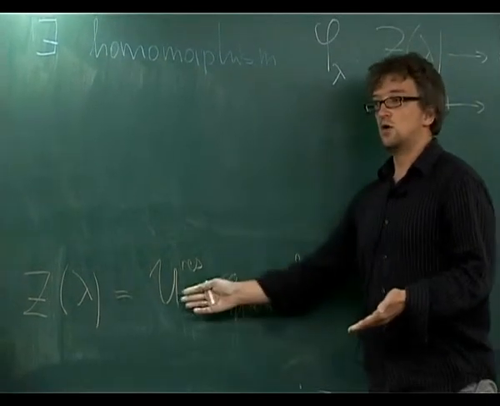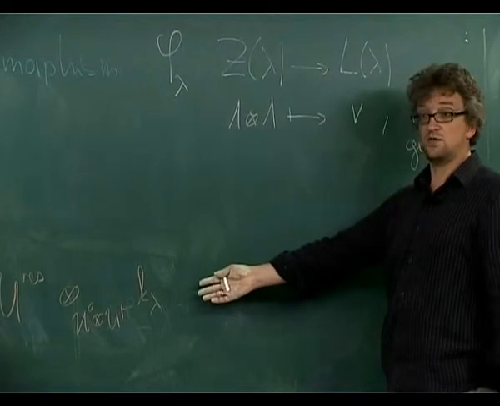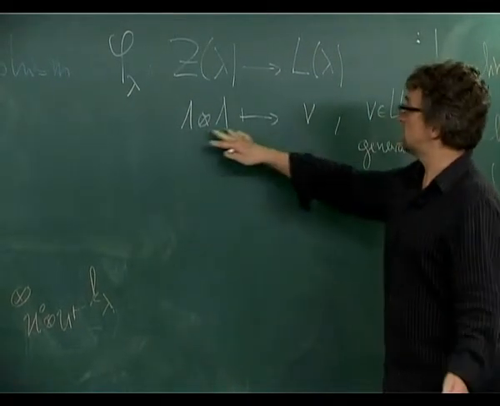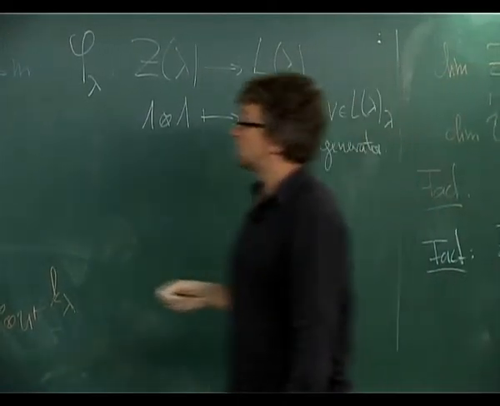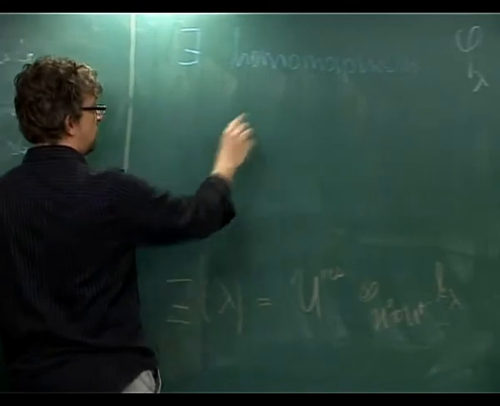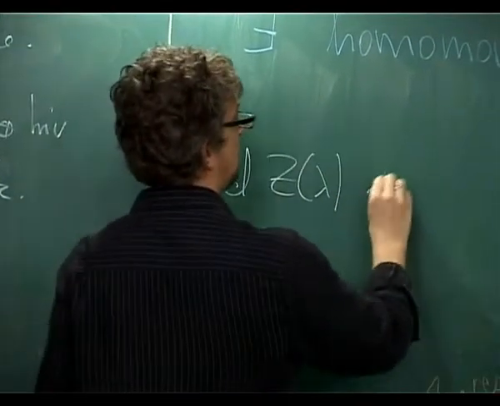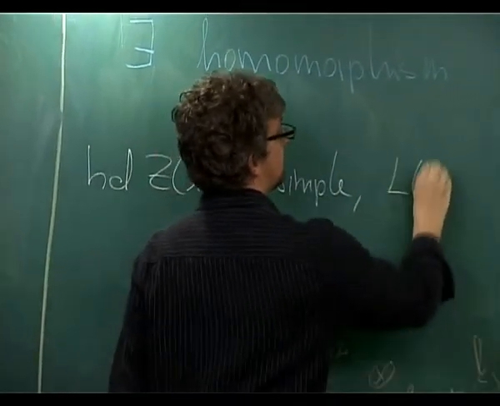It's just the universal property of a tensor product that gives you this map sending 1 tensor 1 to v. So now we know two things. The hat of Z lambda is simple, and L lambda is semi-simple.